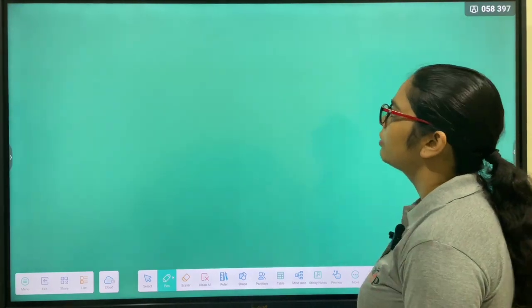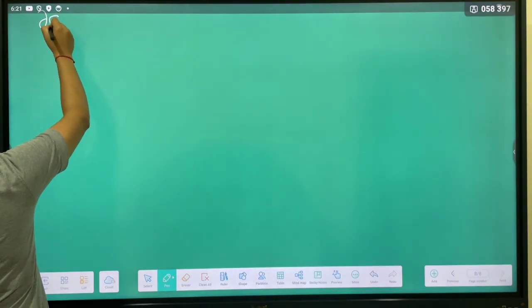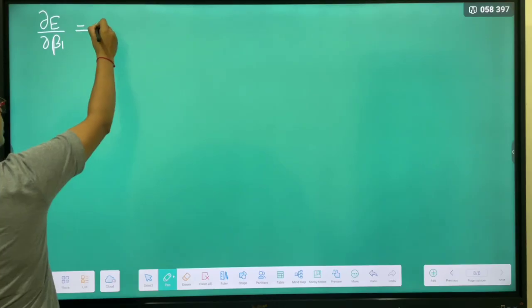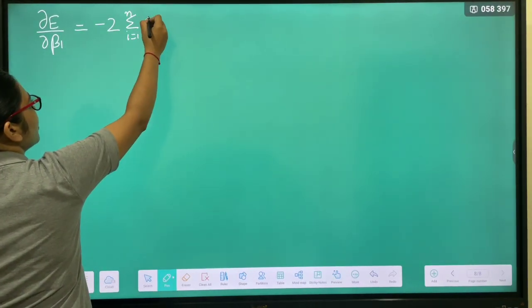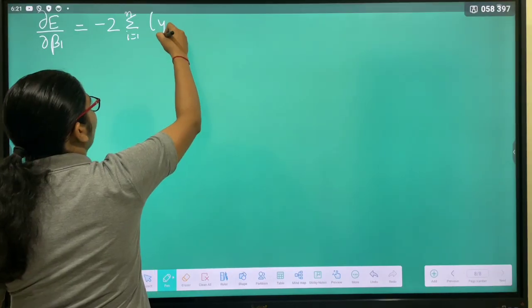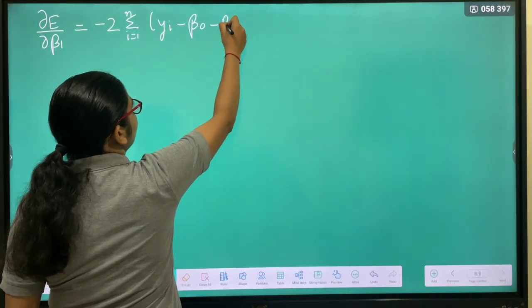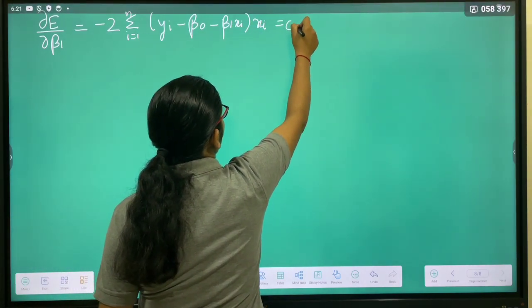Now for the second equation, we will differentiate this with respect to beta 1. Now this will become minus 2 summation i goes from 1 to n of yi minus beta naught minus beta 1 xi into xi equals 0.